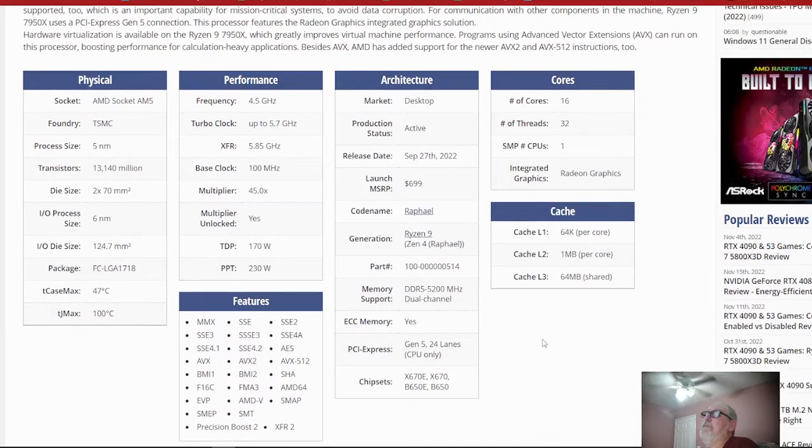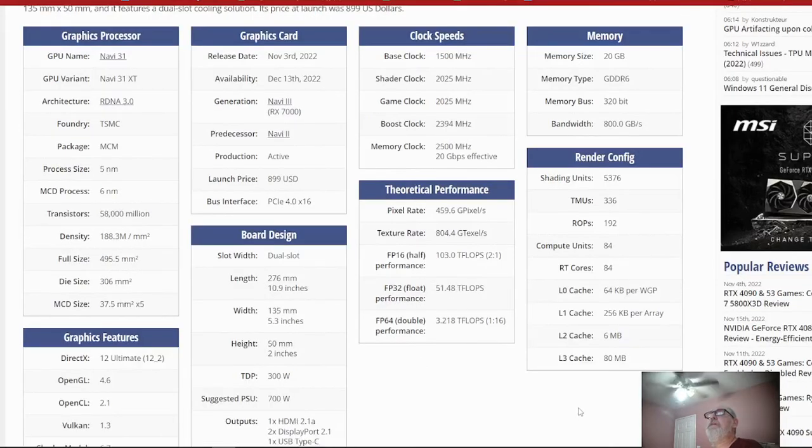This is the specs. Now, for the support of this, the CPU will match to the support of the GPU. So basically what they're saying is this.